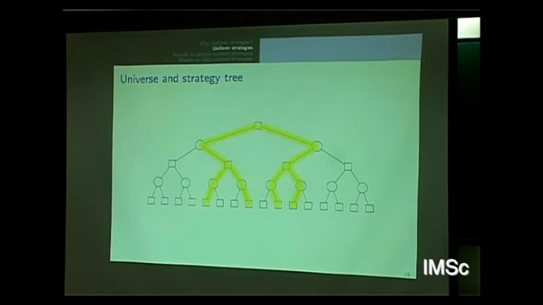And a strategy tree is a subtree of this unfolding, where every time it's player one's turn to play, you just keep one child. So this represents a strategy for player one. And so we'll evaluate our formulas on such a strategy tree.